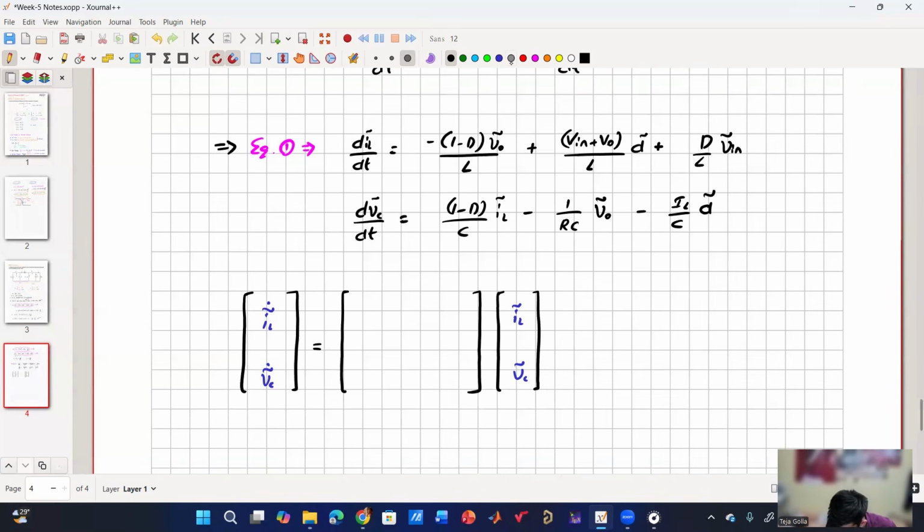So IL tilde, this is 0, and then on VC or V0 tilde, both are the same. So this is V0, this is also V0. So it is minus (1 minus D) by L. This is (1 minus D) by C. This is minus 1 by RC, plus I have D tilde.